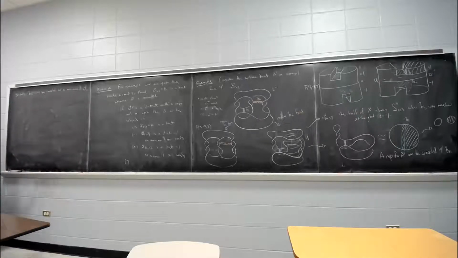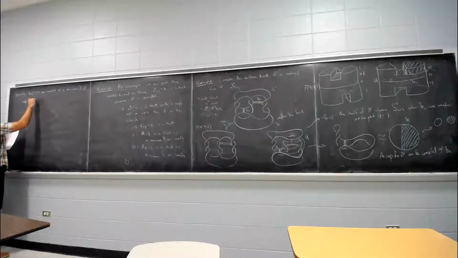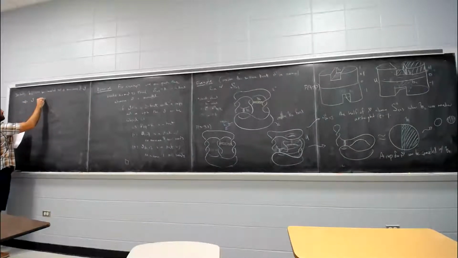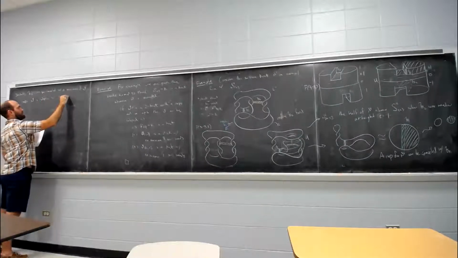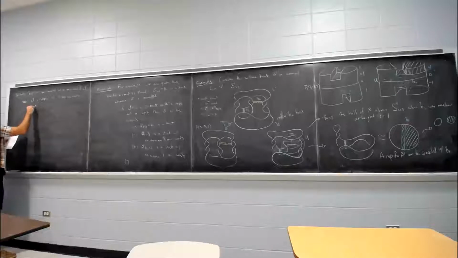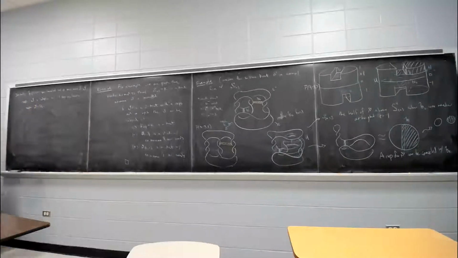And these cancellations are ambient isotopies. So this implies that S is isotopic to a surface that has no bands. Okay. And therefore, S is the unknotted two-sphere.